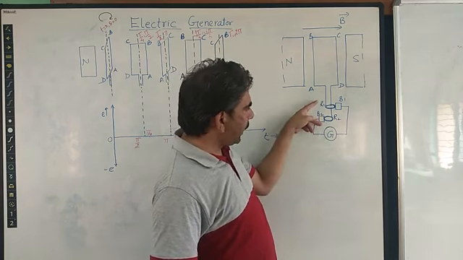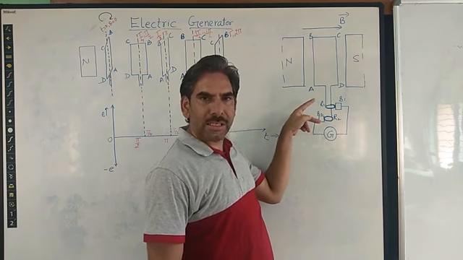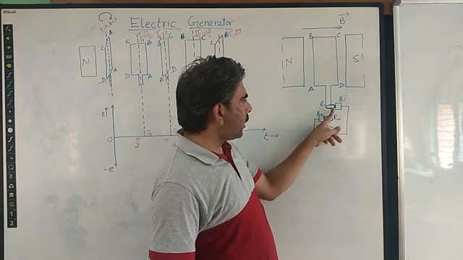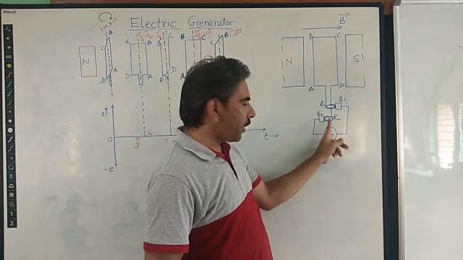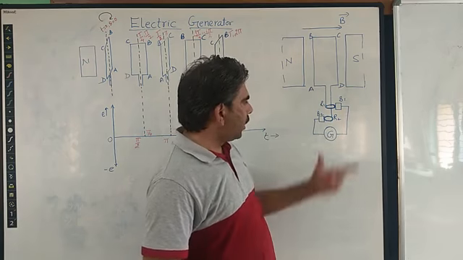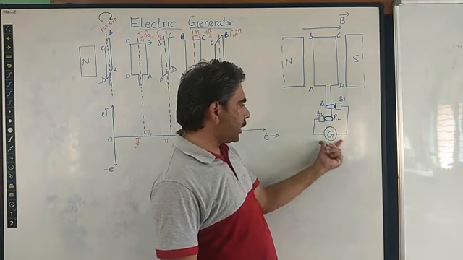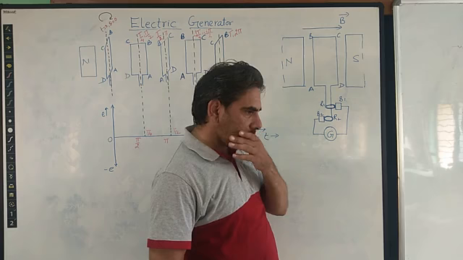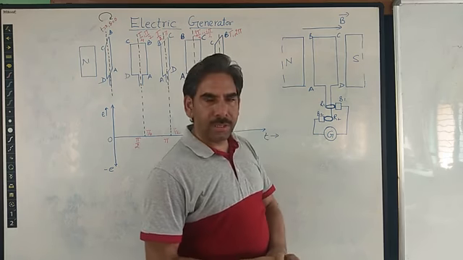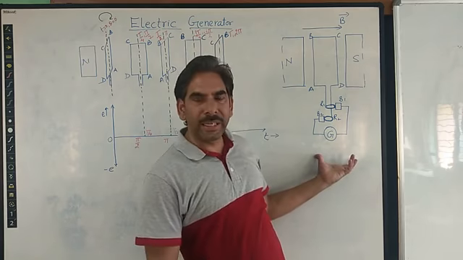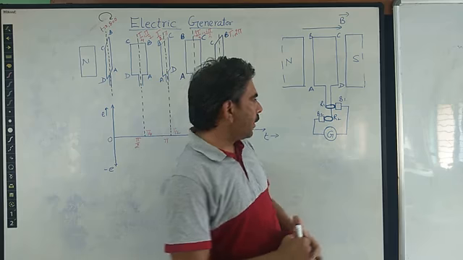So we have two complete rings, which are called slip rings. Two brushes make contact with the rings R1 and R2, and the output is taken across some load, or here we have connected a galvanometer. So this is the basic construction of an electric generator, particularly of an AC generator, right?